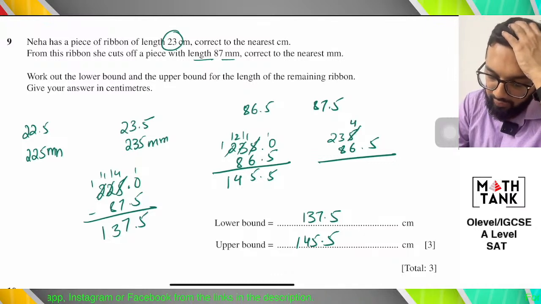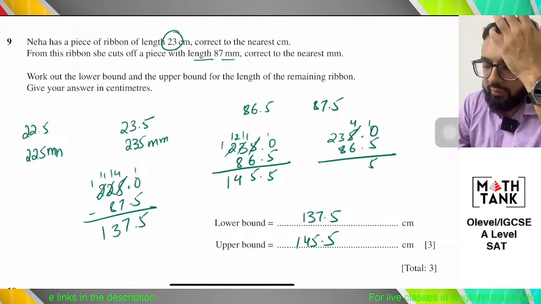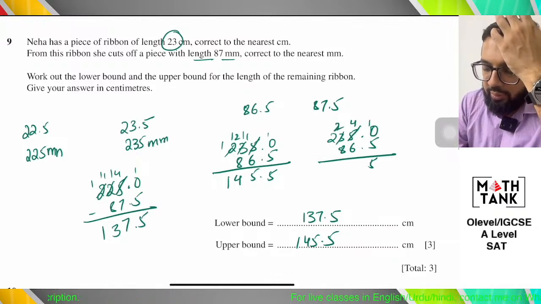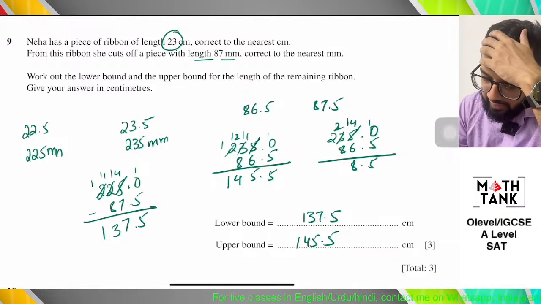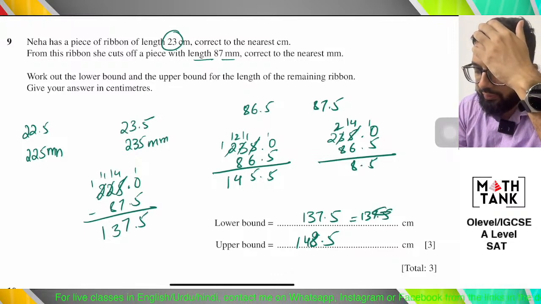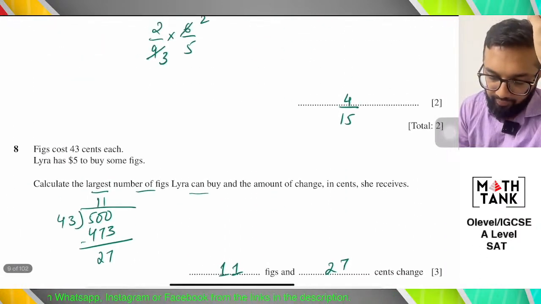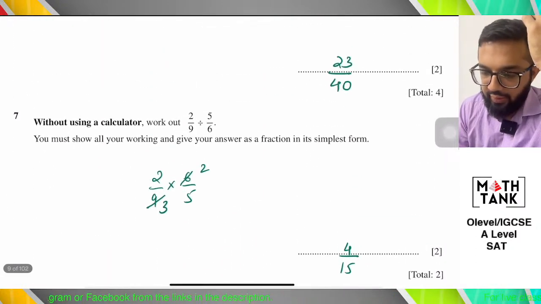Oh, I missed the 4. Yep, I think I've done it wrong. 2, 1, 14 minus 6 is 8. So, and these have to be changed to centimeters. Okay, I'll probably lose 2 marks here. Yep, the rest of the things were fine.